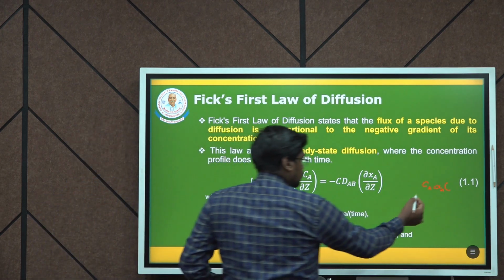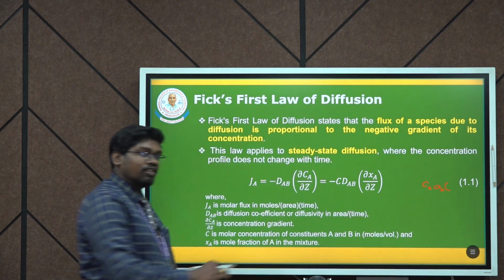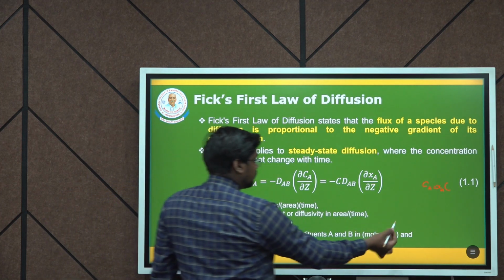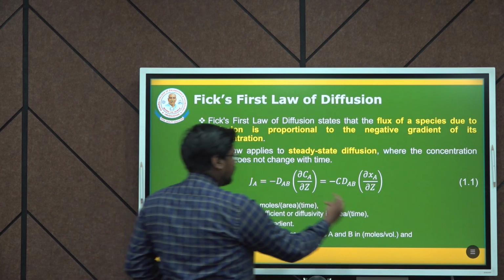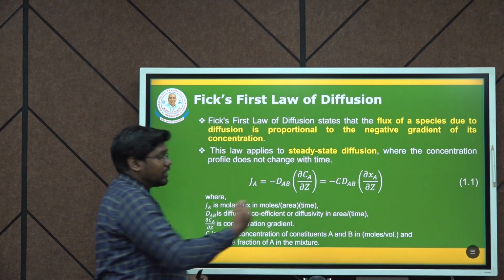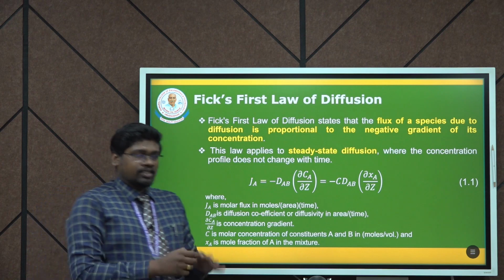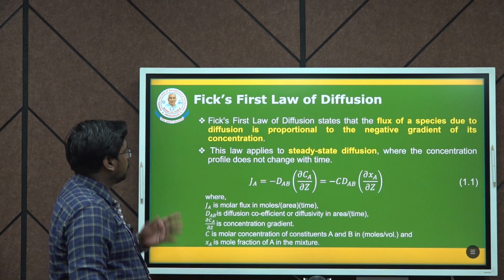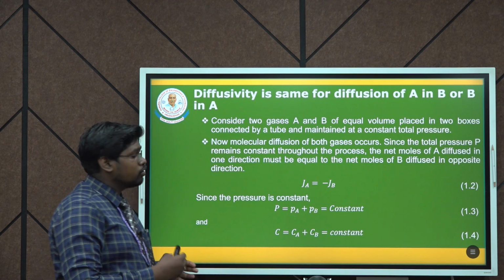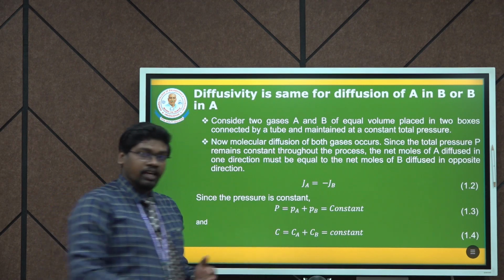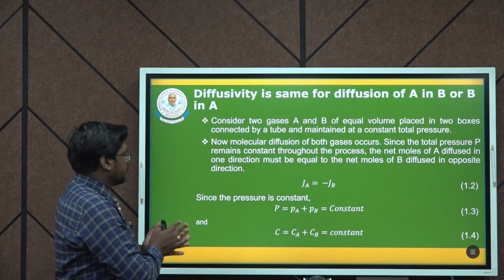So the concentration of A can be given as Ca is equal to Xa into C. So by substituting that we can get this equation, that is Ja is equal to minus C into dAB into dou Xa divided by dou Z. So in a steady state operation, the diffusivity is the same for the diffusion of A in B or B in A. So that is true in the steady state operation.